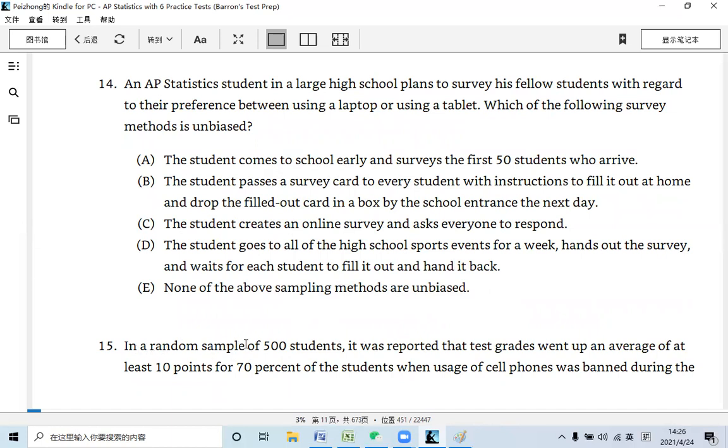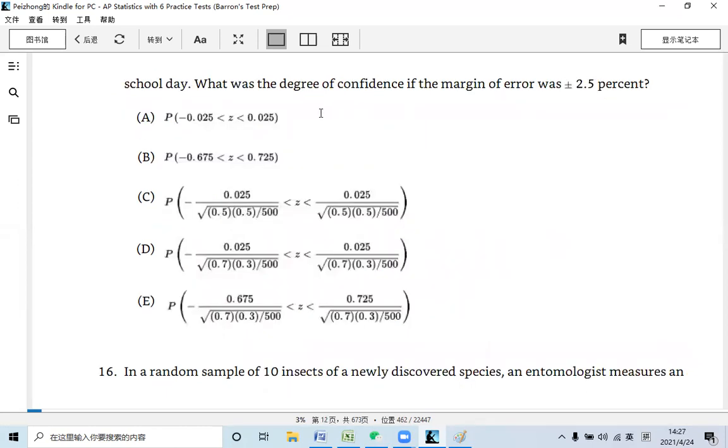15. A random sample of 500 students. It was reported that the test grades went up on average by at least 10 points for 70% of students when usage of cell phones was banned during school. What was the degree of confidence, margin of error? It was 2.5%.